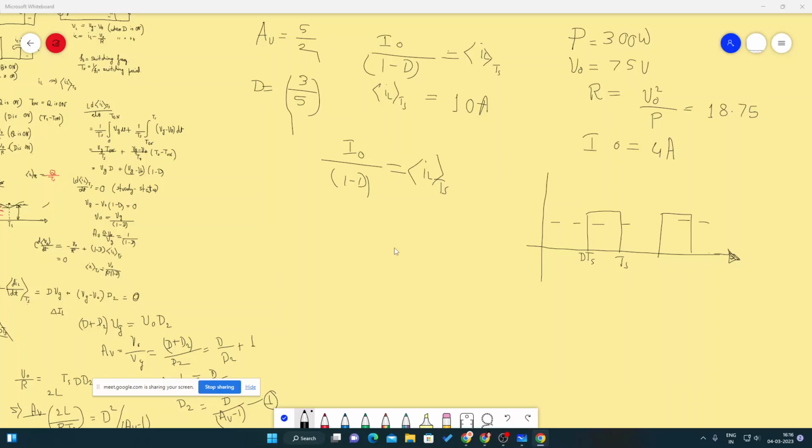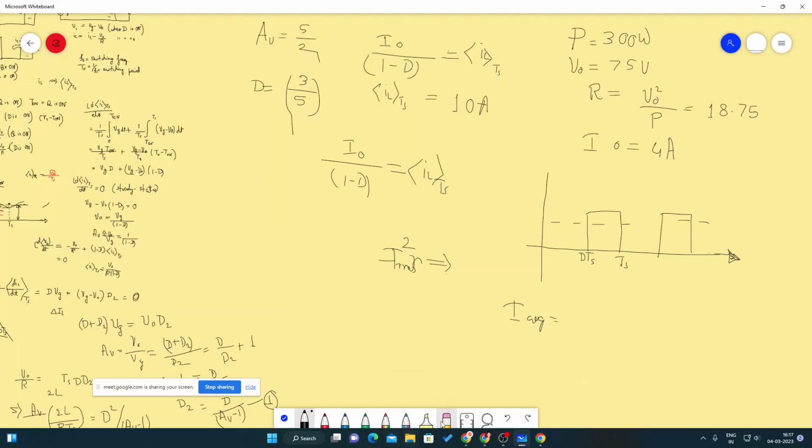It is the RMS, because current rating is related to heating, I squared R. Maximum current won't be given. It's the IRMS. In case of DC, I average and IRMS are the same. But in case of voltage, it's the maximum, because the dielectric breaks down at the maximum voltage. Even for the small instant it appears, it will damage the dielectric. So voltage, maximum voltage; current, RMS current.